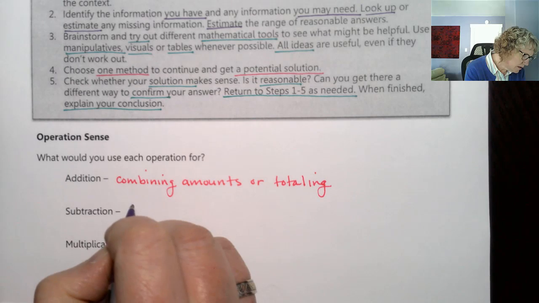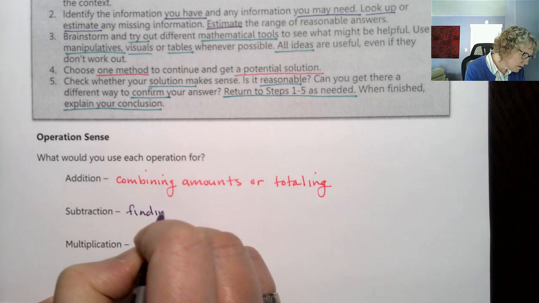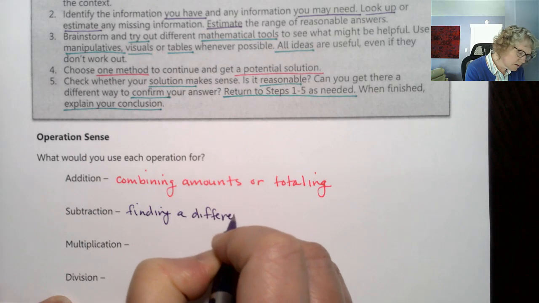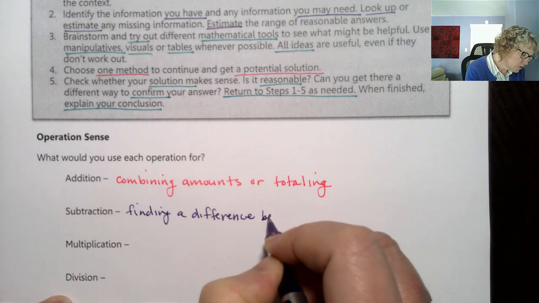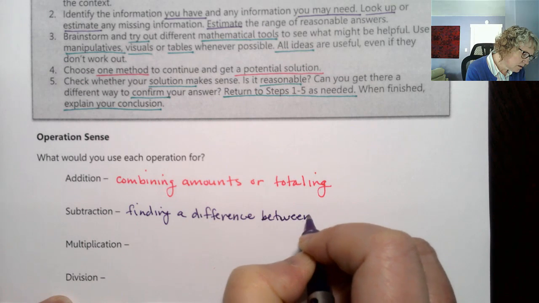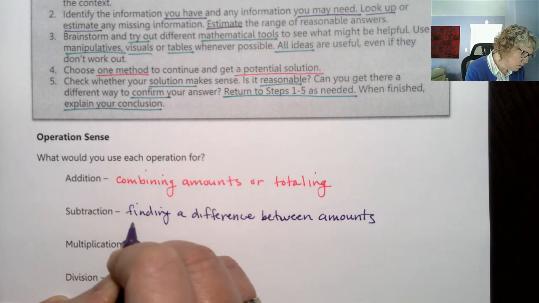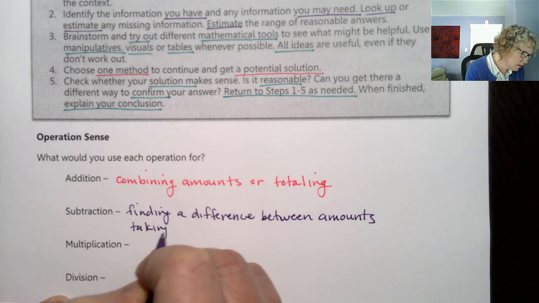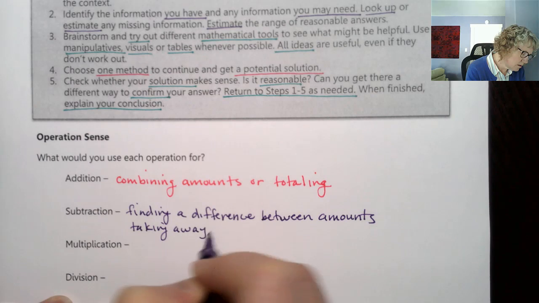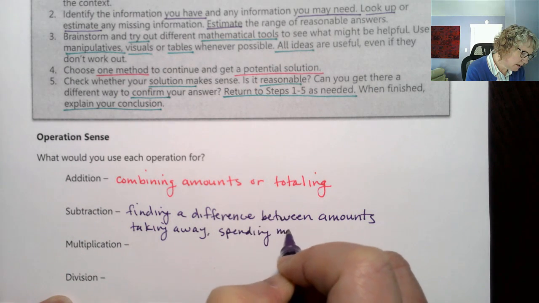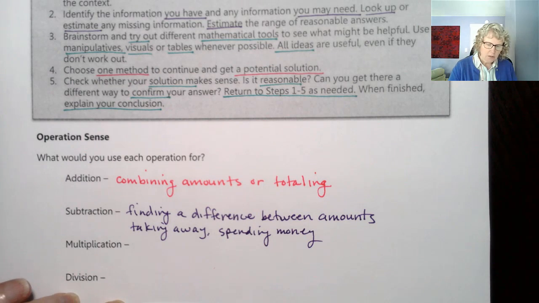So I'll say finding the difference between amounts, or taking away, spending money. Okay, so those are some situations where we would use subtraction.